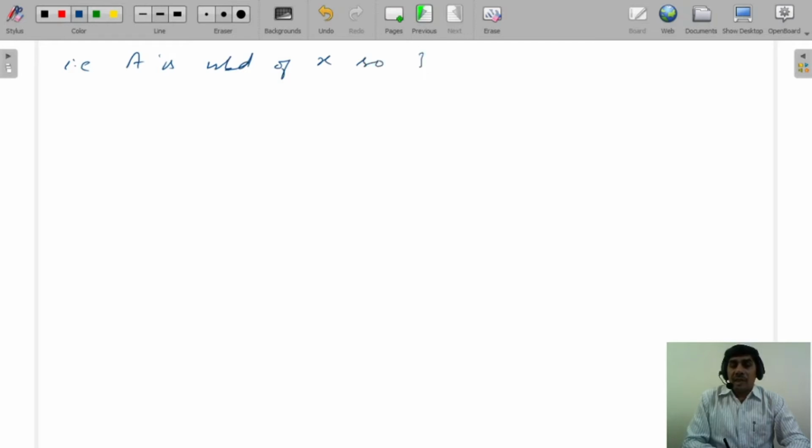So there exists r greater than 0 such that the sphere centered at x with radius r is contained in A.